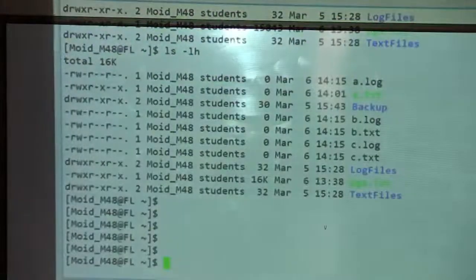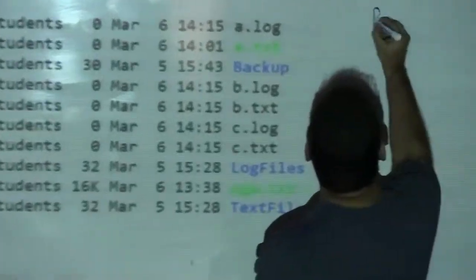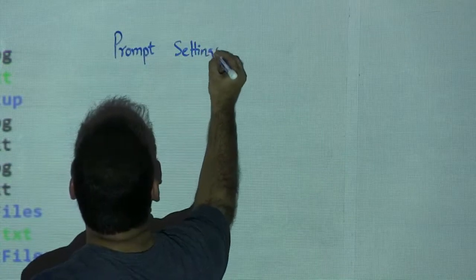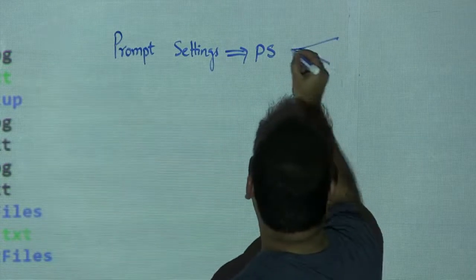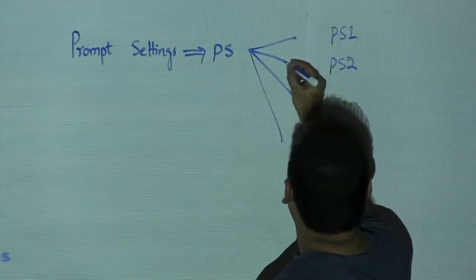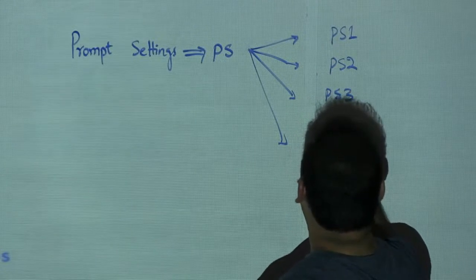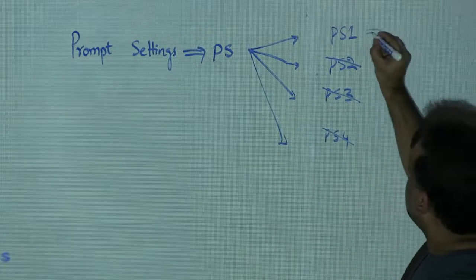On any Unix server, the prompt setting is represented by PS, and there are 4 different types of the prompt settings: PS1, PS2, PS3, and PS4. I'm not going to talk about 2, 3, and 4. I'm just going to focus on the prompt setting 1.